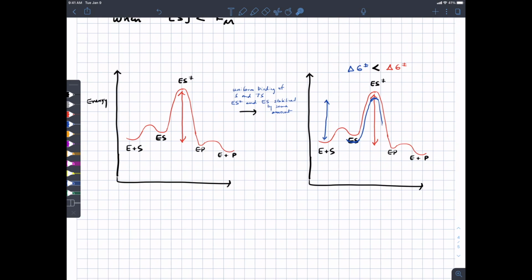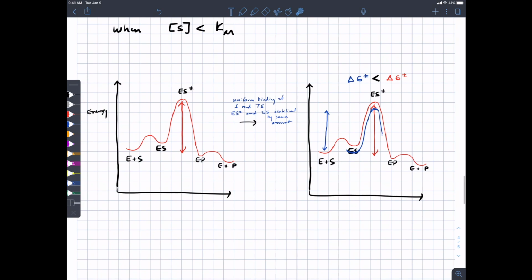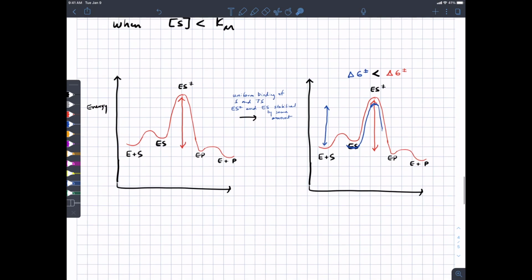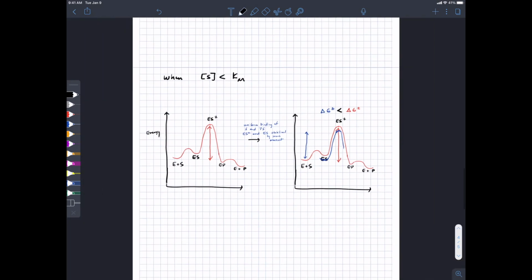So if you have an enzyme in a situation where the substrate concentration is much lower than the Km, one way to deal with that is for the enzyme to try to improve its Km by enhancing binding, and it doesn't need to be too careful about whether it binds the transition state. It's okay if it binds the transition state to a similar amount as it binds the starting material.